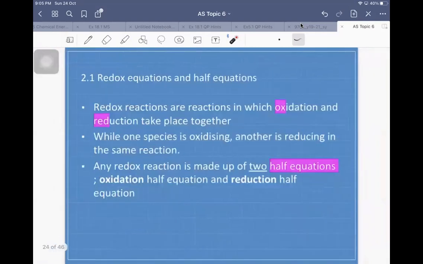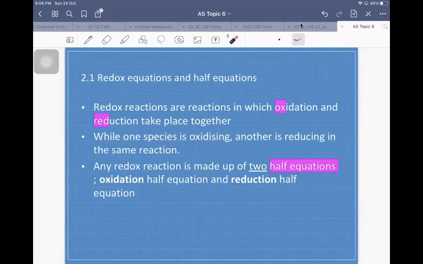Redox equations and half equations. Redox reactions are reactions in which oxidation and reduction take place together. In a reaction, you must always have reduction and oxidation together. You cannot just have reduction alone. If you have reduction alone, then that's not a reaction yet. That is a half equation. While one species is oxidizing, another is reducing.